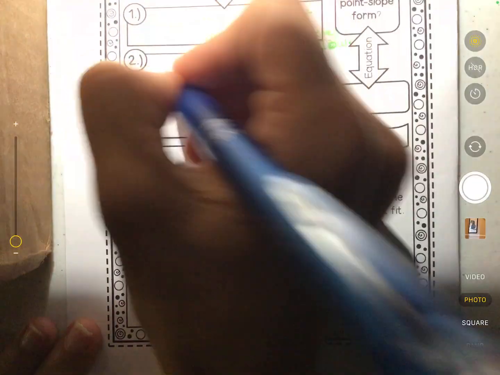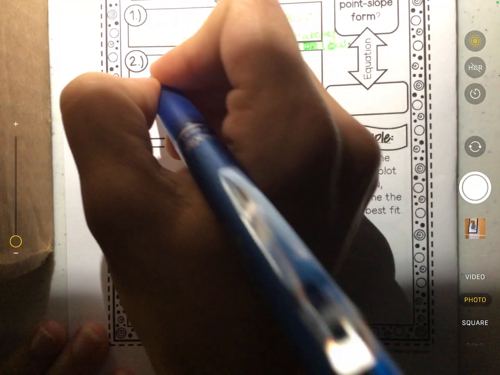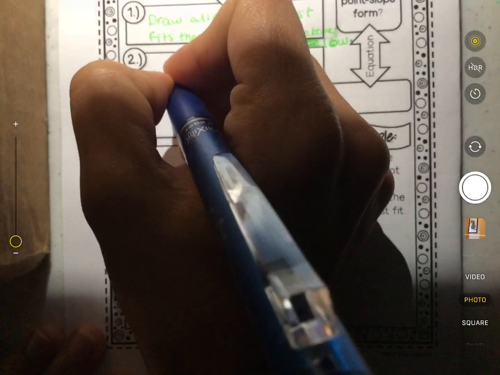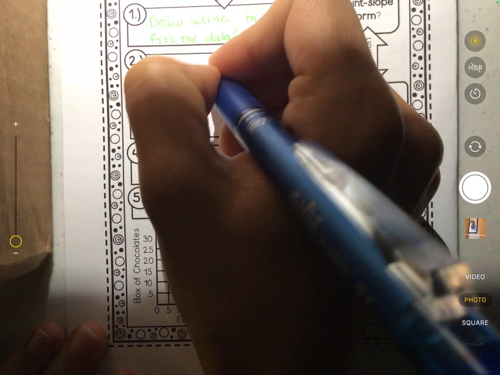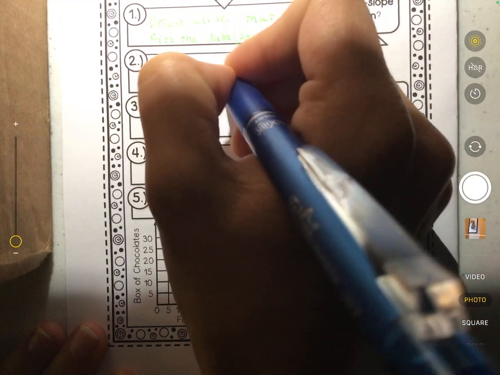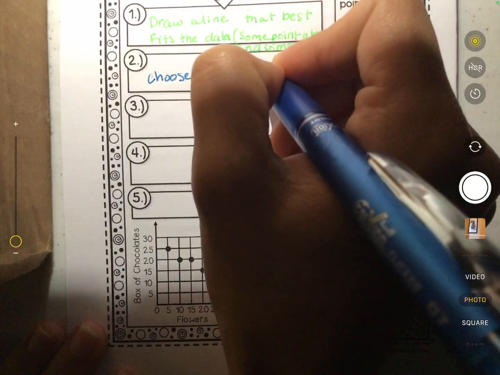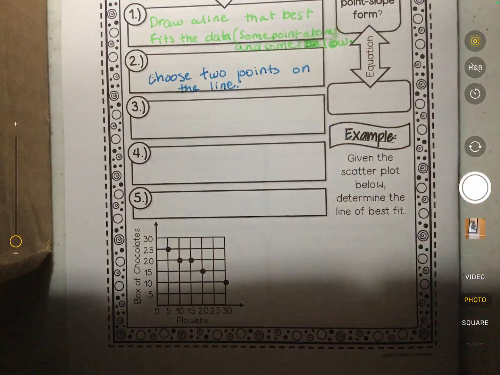After you draw a line with some dots above, some dots below, the next thing we're going to do is choose 2 points on the line that you drew.